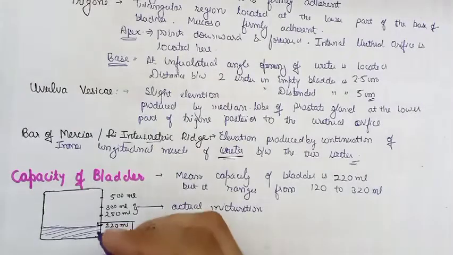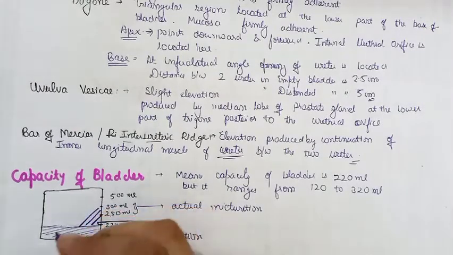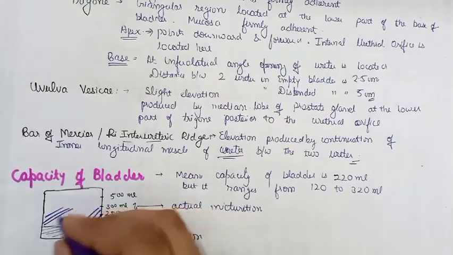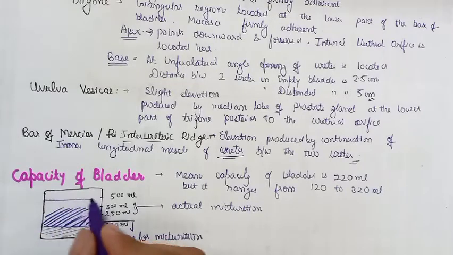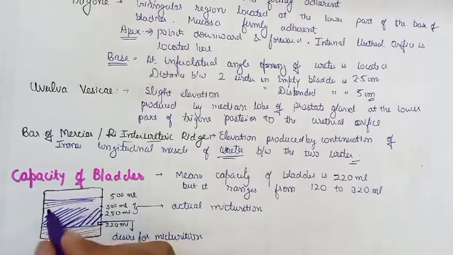As the bladder starts filling above 300 ml, it is very difficult to tolerate, but it can be tolerated up to 500 ml. Above 500 ml, what happens? The voluntary control of the bladder is lost and micturition takes place.